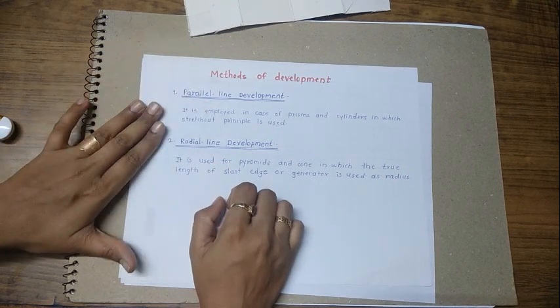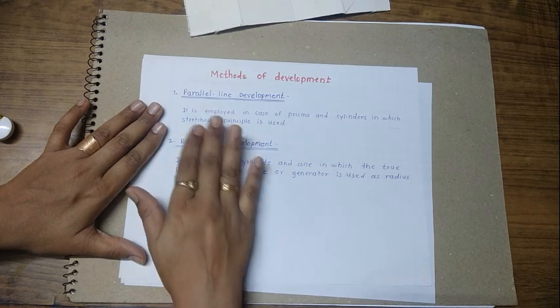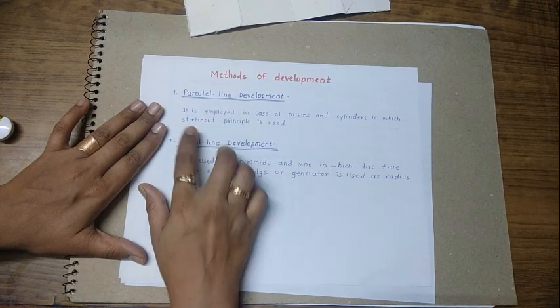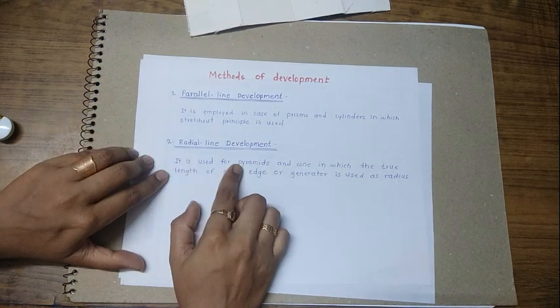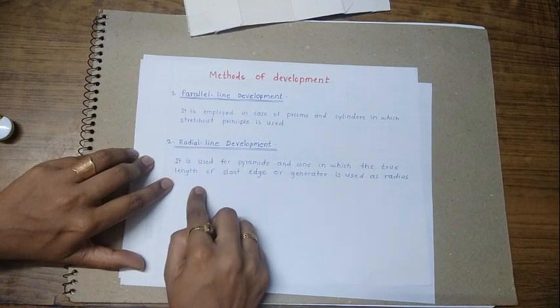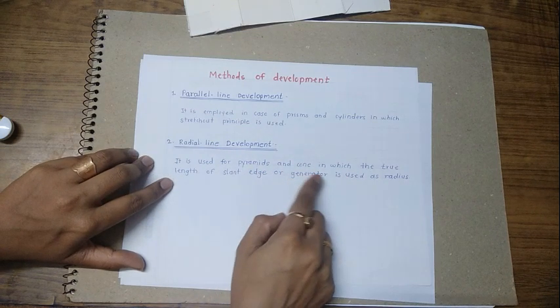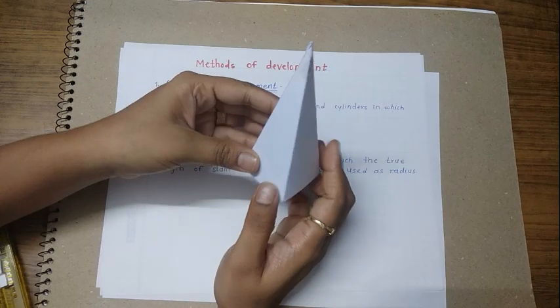Parallel line development is employed in the case of prism and cylinder, in which the stretch out principle is used, whereas radial line development is used for pyramids and cones, in which the true length of the slant edge or the generator is used as a radius.